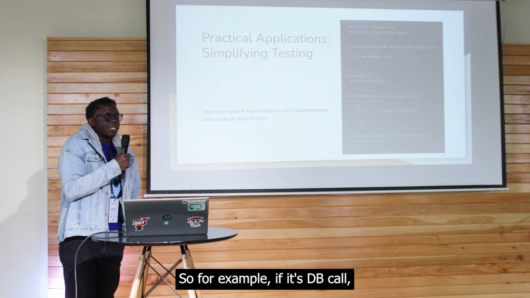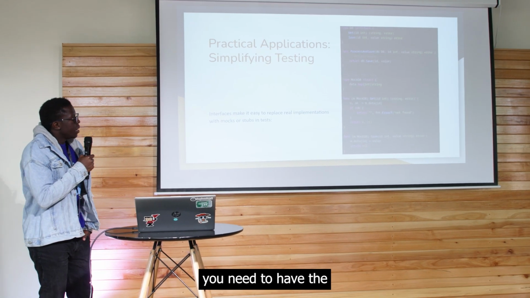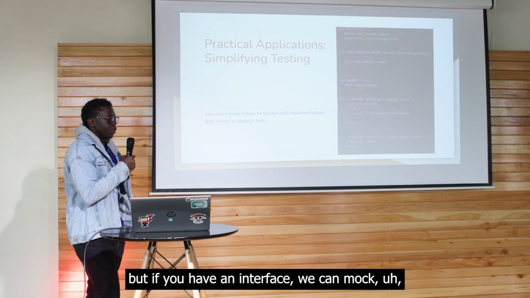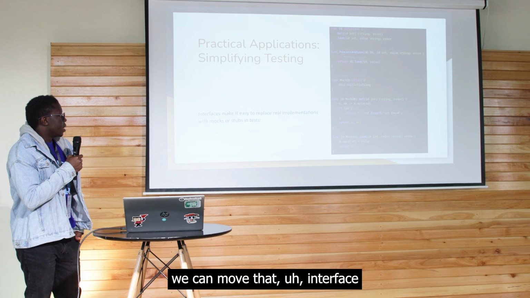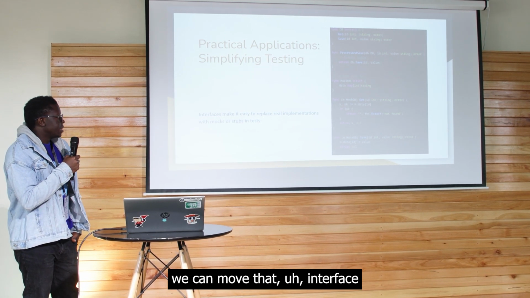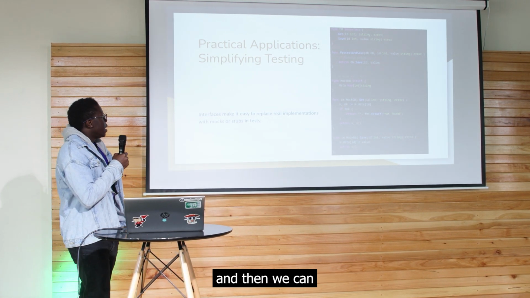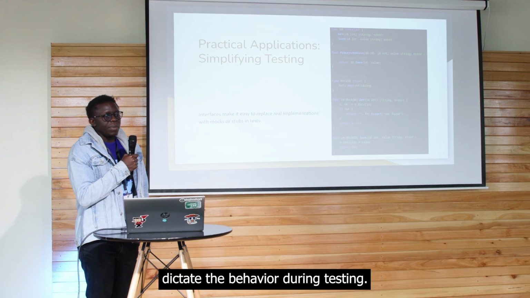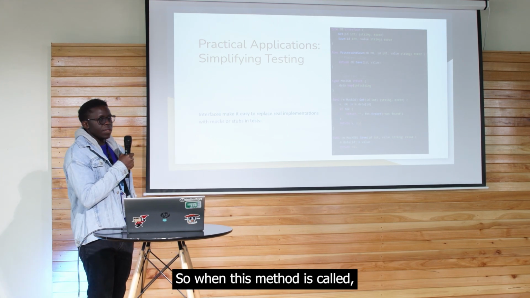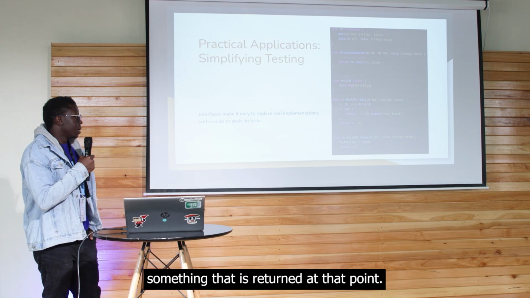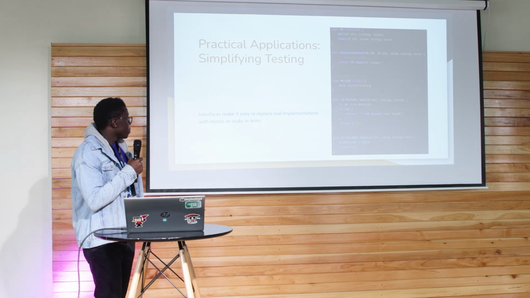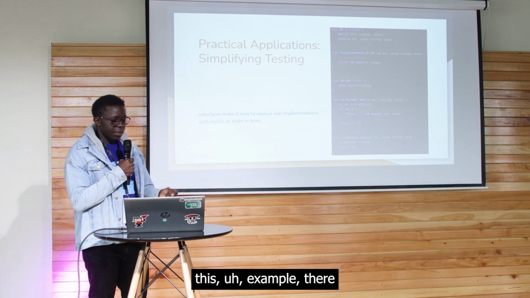So for example, if it's a DB call, you need to have the database running. But if you have an interface, we can mock that interface, and then we can dictate the behavior during testing. So when this method is called, we can determine something that is returned at that point. So you can look at this example there.